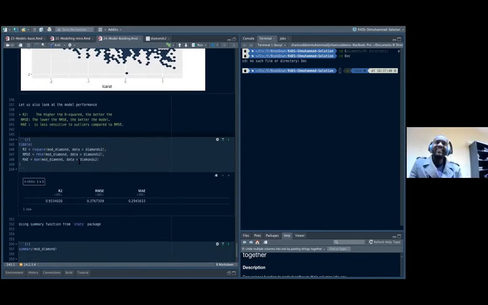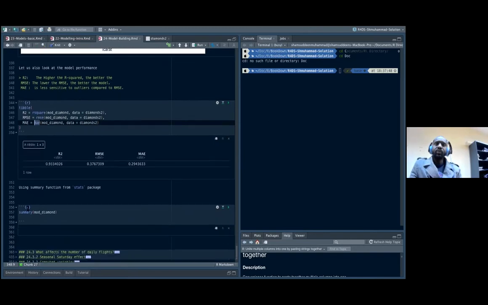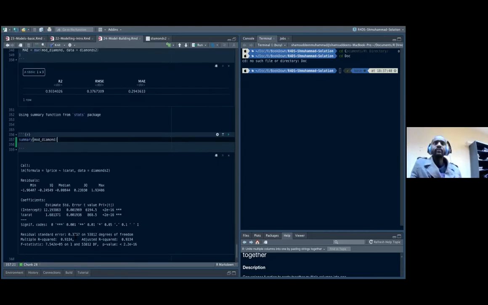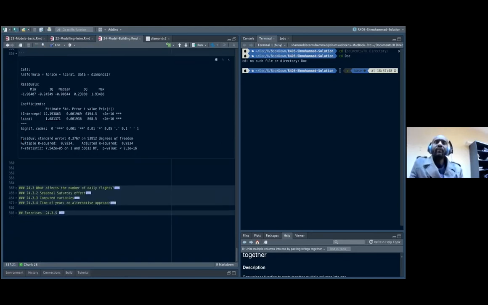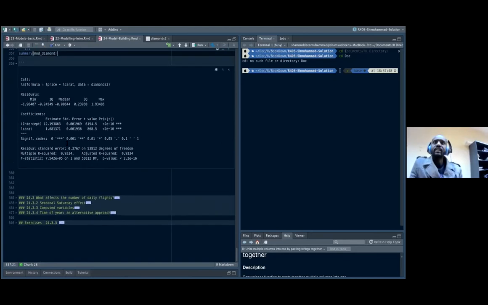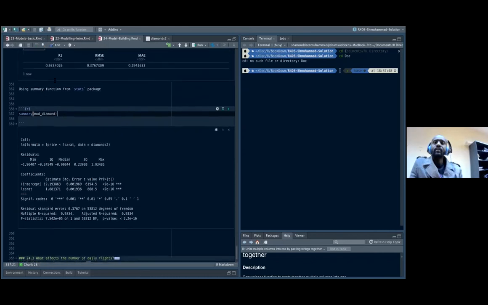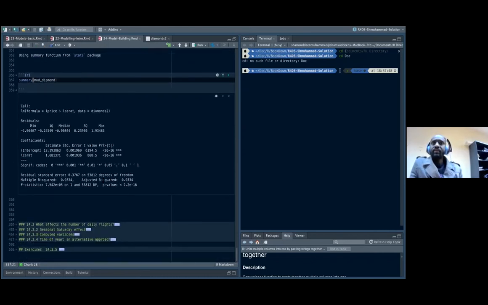So these are functions from model R. They are used to calculate these values, and we can also use the summary function to obtain some of these parameters. When we run this, we can see the R squared, which we already obtained here, and the adjusted R squared. What is adjusted R squared?